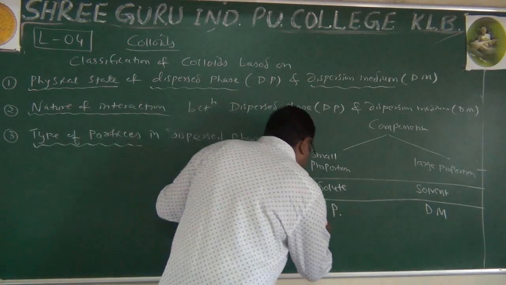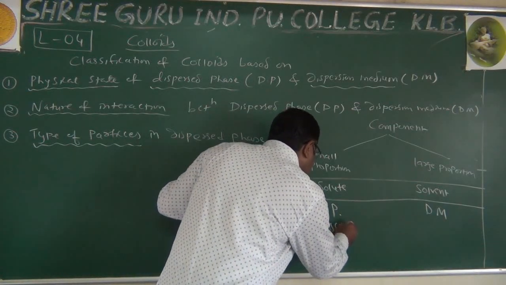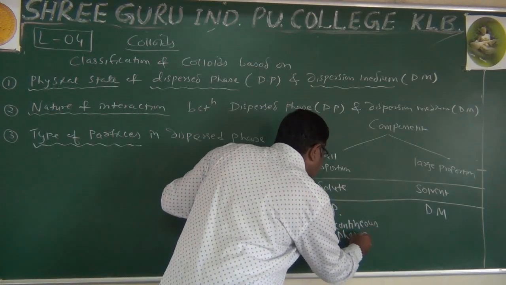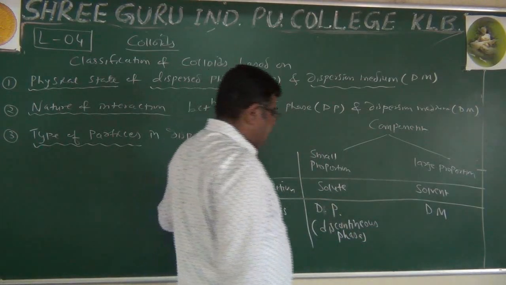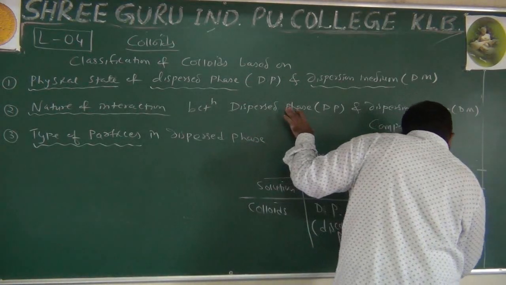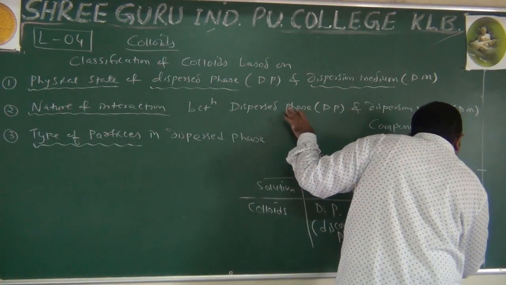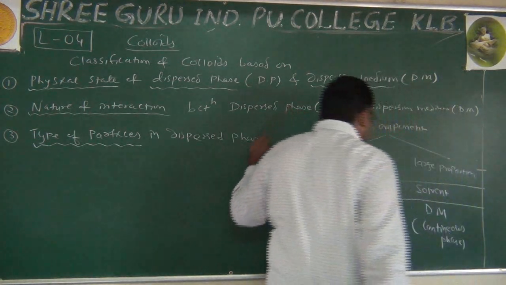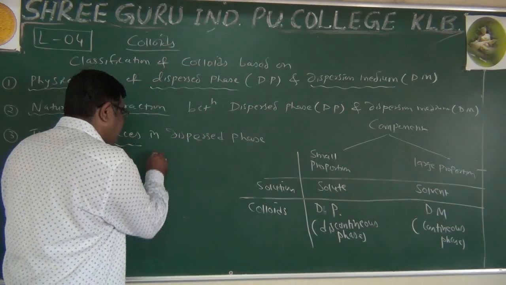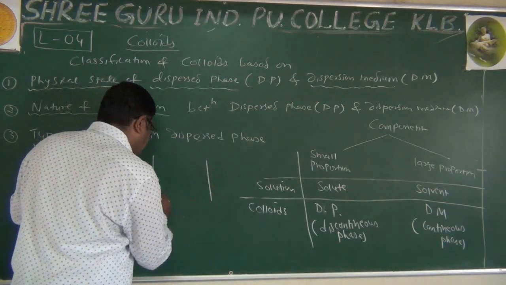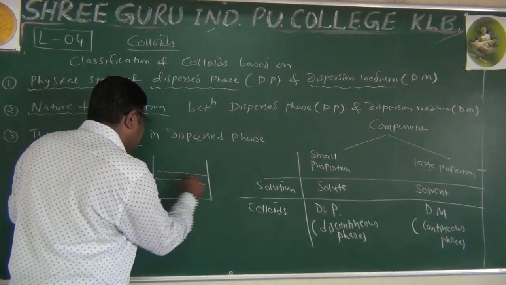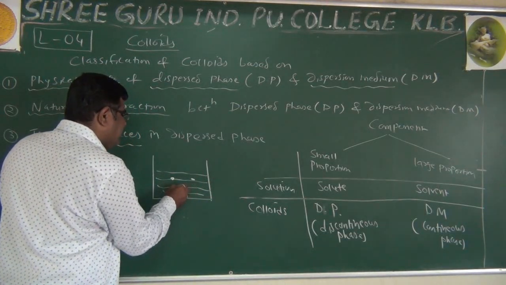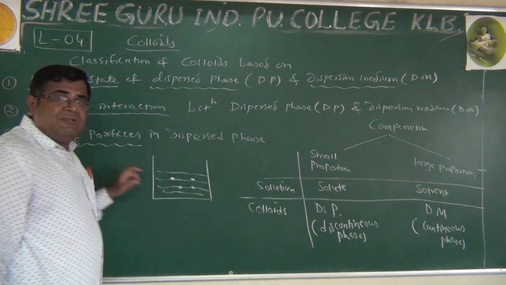Dispersed phase is also called discontinuous phase, and dispersion medium is called continuous phase. Two phases are there, that's why it is heterogeneous. For example, if this is the starch solution, these are starch particles dispersed. They are not dissolved.